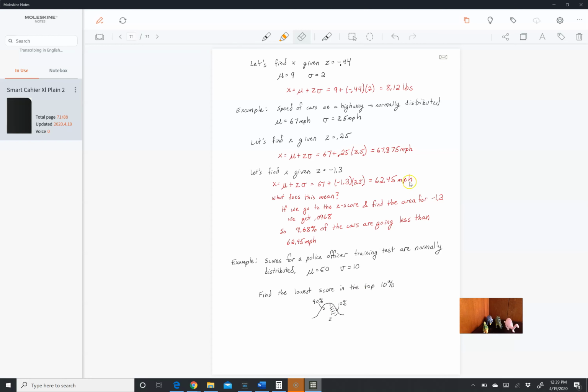First we have to find the z-score, and it's going to be an area of 90% because we need the area to the left, not to the right.